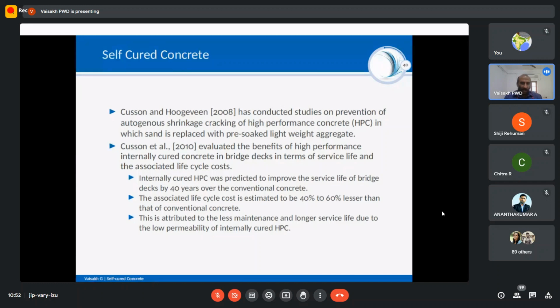This study was an extensive one which was funded by the US government, and they have found out that the predicted service life of bridge decks is significantly increased when internal curing is used, which means when the life increases, the life cycle cost reduces considerably, more than half of that is required for ordinary concrete. This was basically attributed to the less maintenance and longer service life due to low permeability of internally cured HPC.